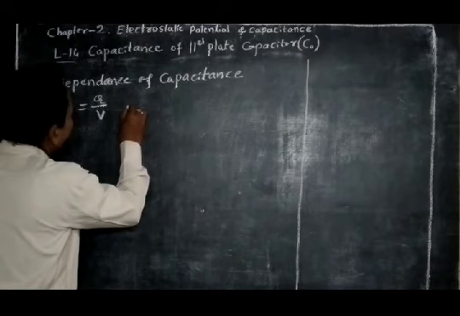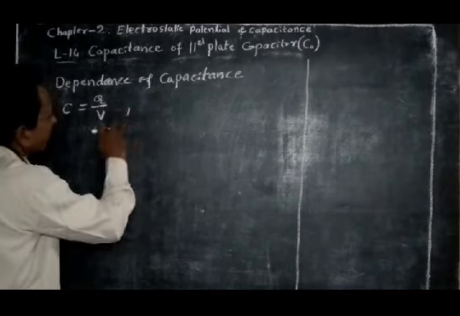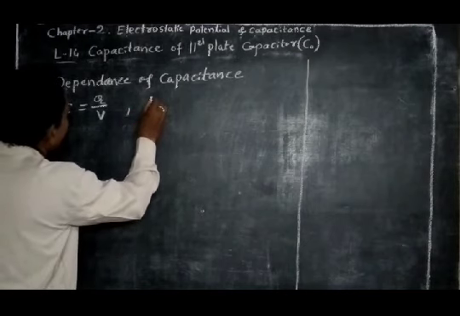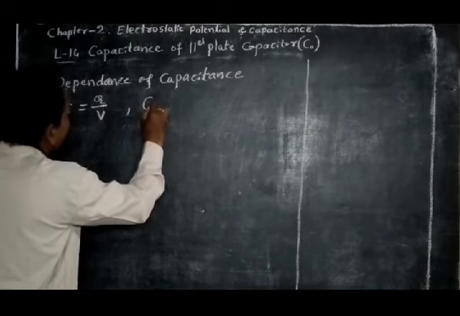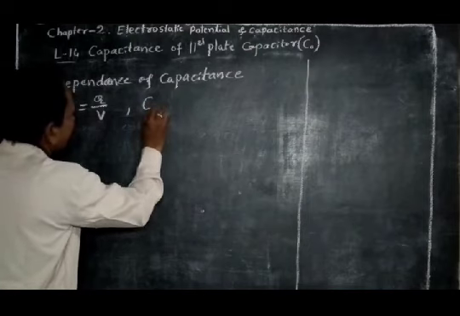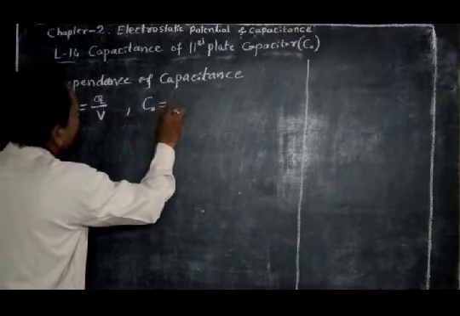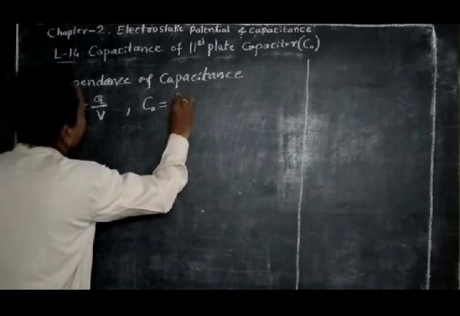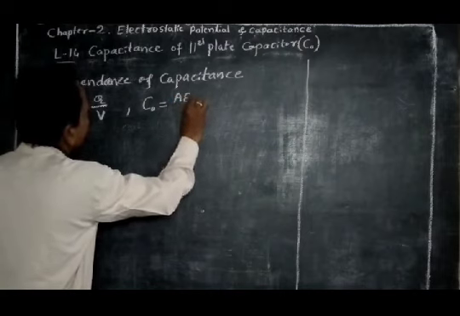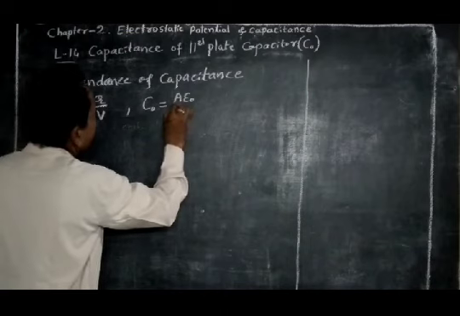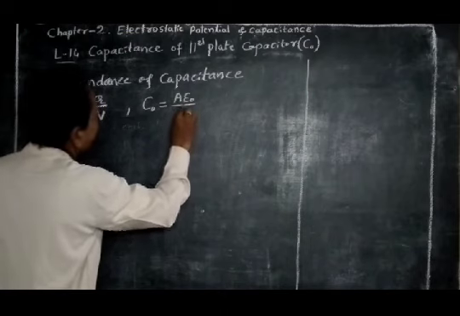And the capacitance of a parallel plate capacitor with air medium is given by C naught equal to A epsilon naught upon D.